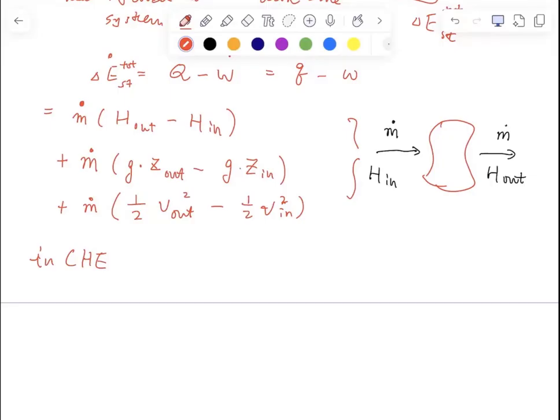Usually for our chemical engineering cases, the gravitational potential energy and the kinetic energy are negligible compared with the thermal energy, which is the H, or the enthalpy. In addition, the work is also typically ignored.